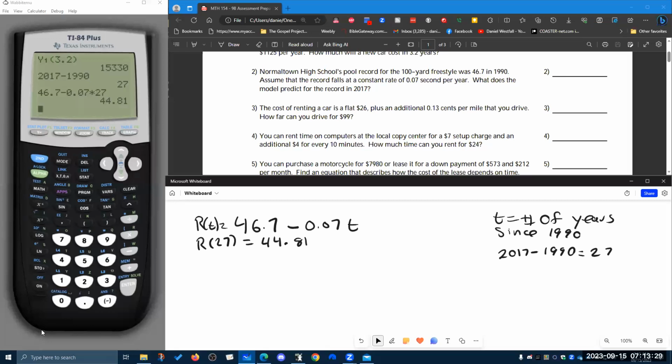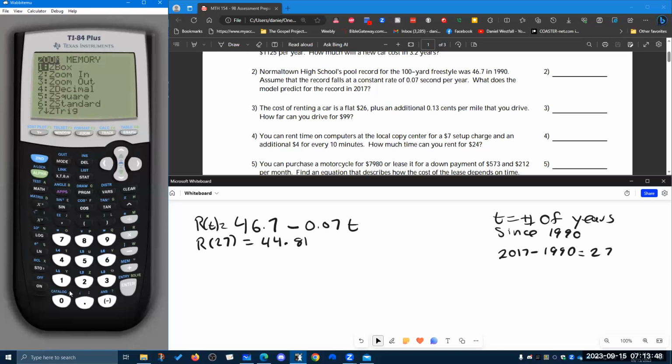But if I graphed this, let me just go ahead and graph this model, you'll see that it leads to something absurd eventually. So 46.7 minus 0.07x. I'm going to ZoomStat... Zoom 0 here.